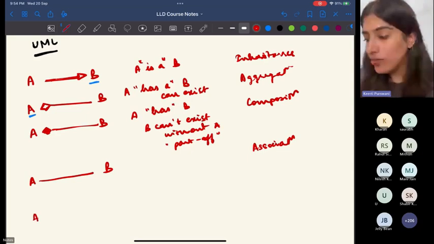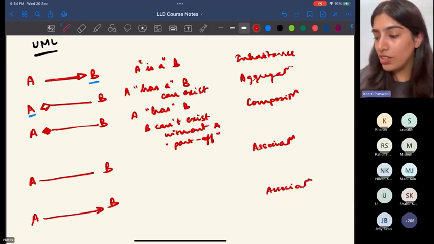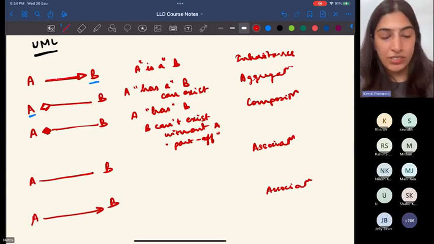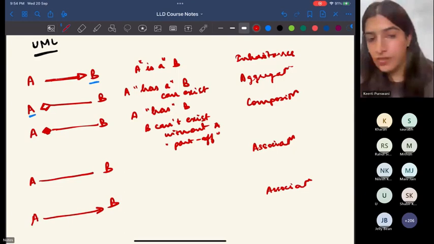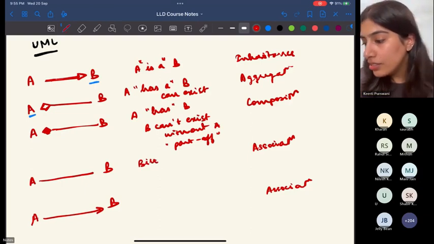So now my question is, what will be the difference between these two? Now I'm saying both of them are association. Can you tell me the difference between the first one and the second one? Both are association. A can call B, or B can call A. Bidirectional, unidirectional. Yes. So this is bidirectional.